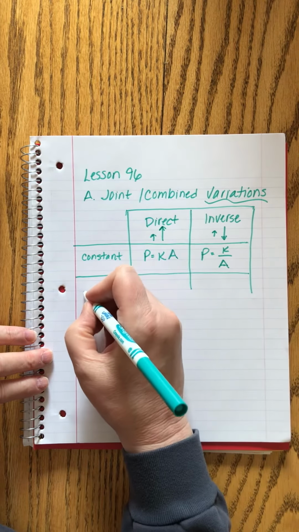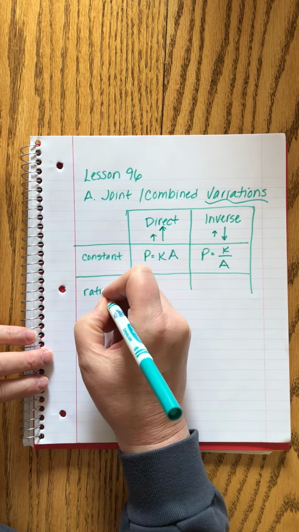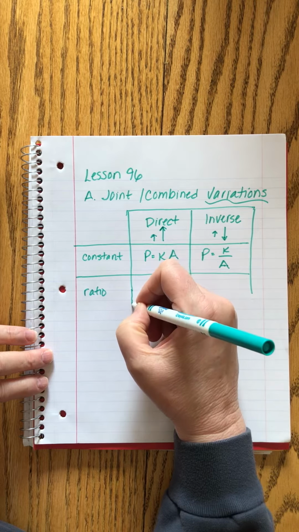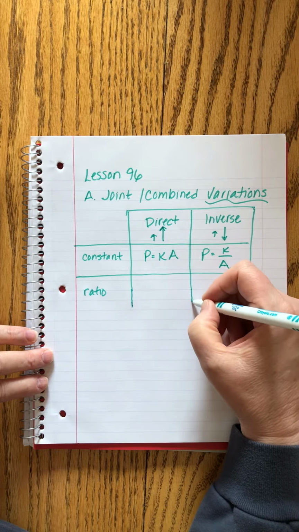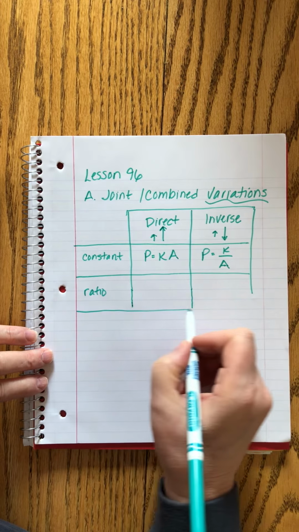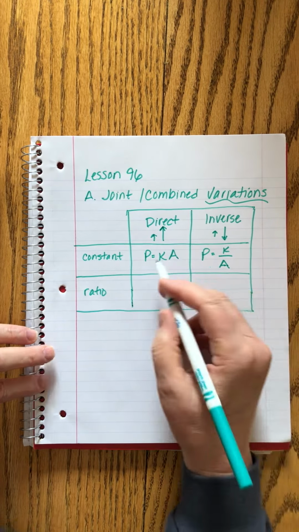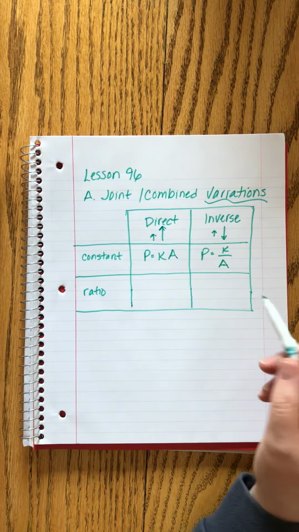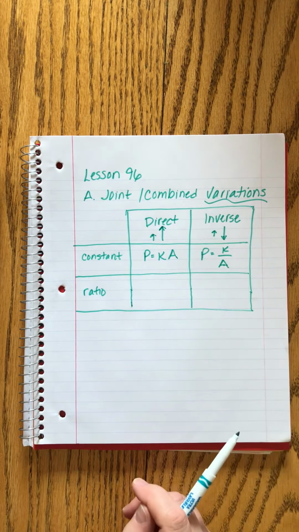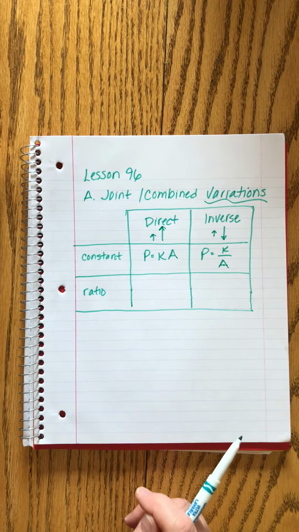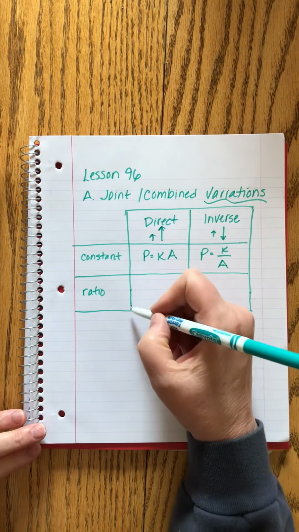Then we learned a ratio method. It solves the same kind of question, but instead of using this constant, we can just compare peaches before, peaches after, apples before, apples after. That was like a tongue twister.